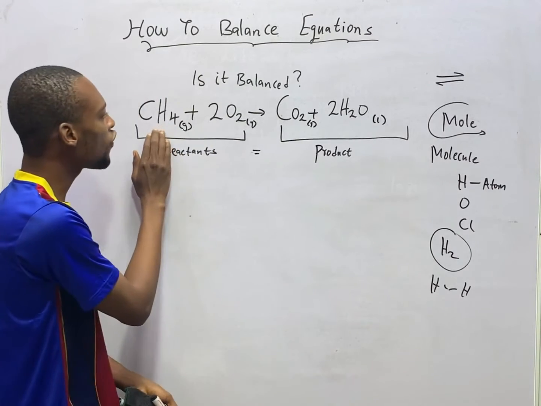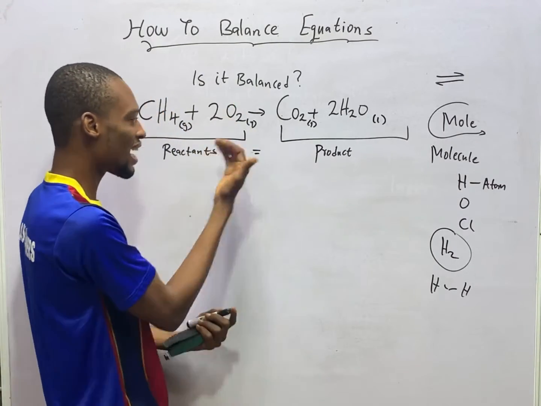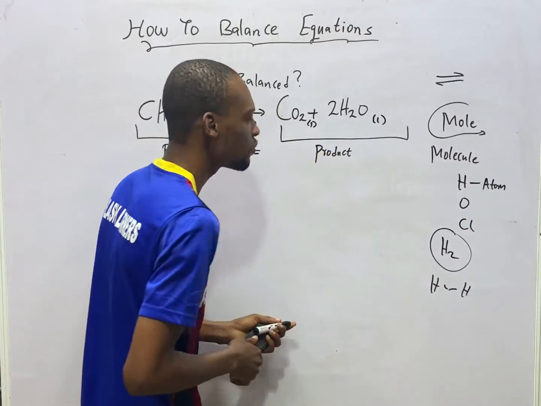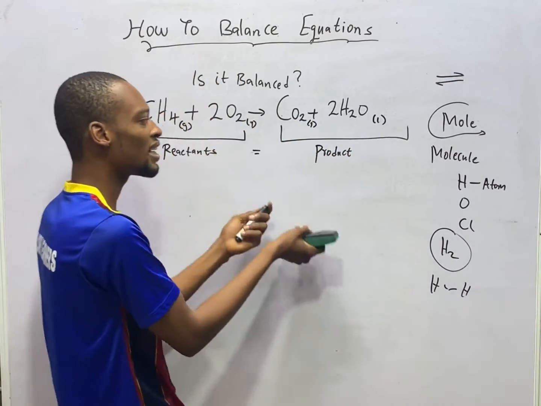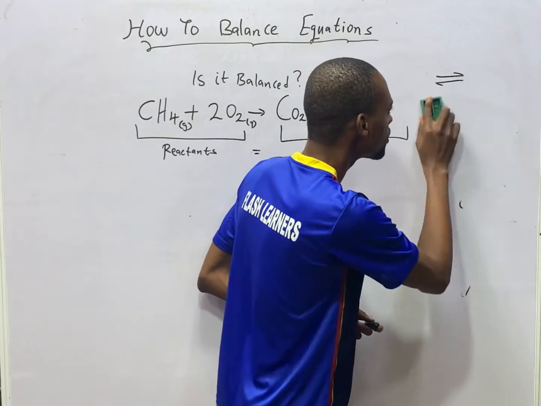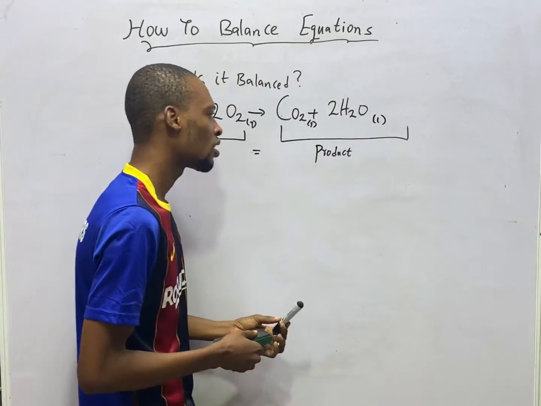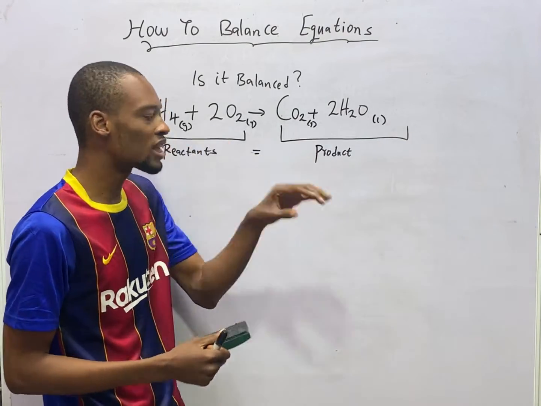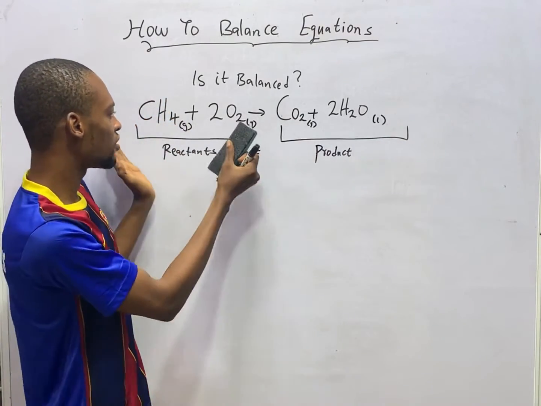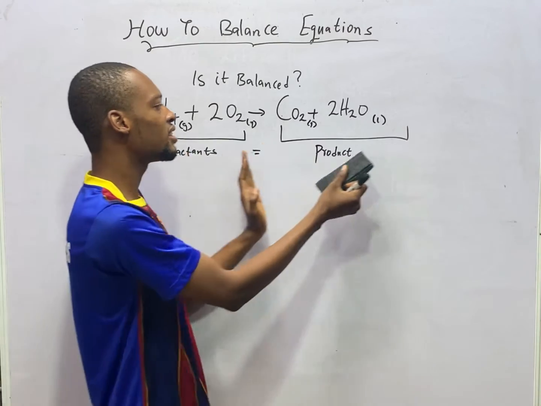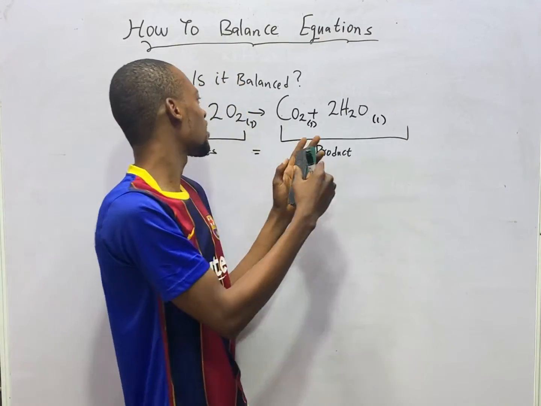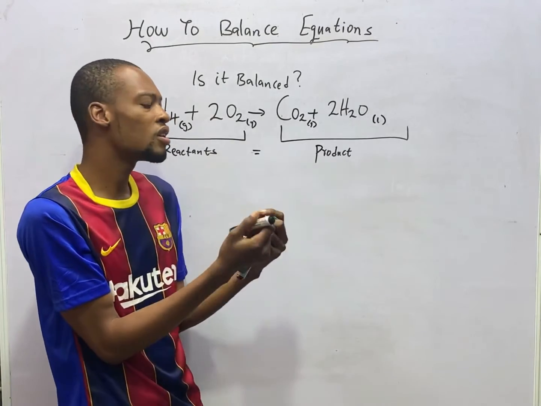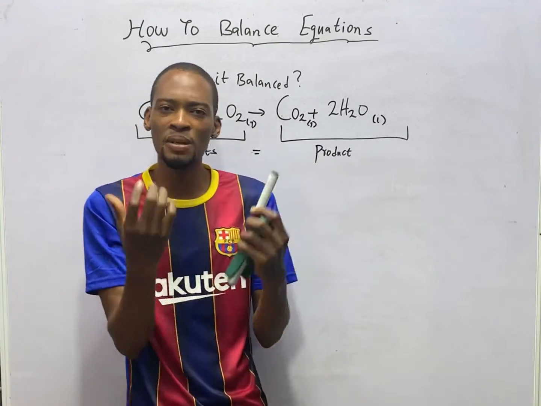So, CH4 plus 2O2 reacts to form CO2 plus 2H2O. Is it balanced? How do we know that an equation is balanced? Look at this. I told you that this is the reactant and this is the product side. Chemical reactions, or the balancing of equations, are made up of elements.